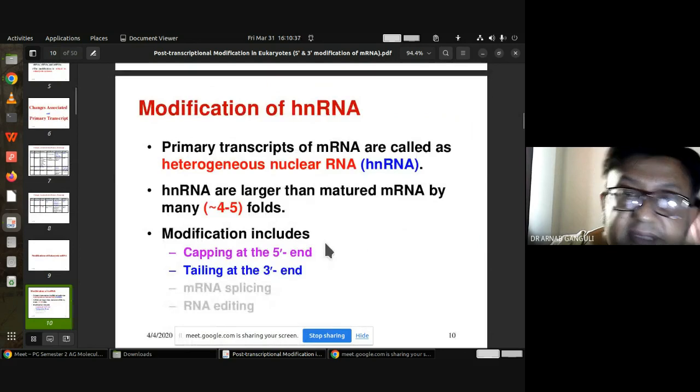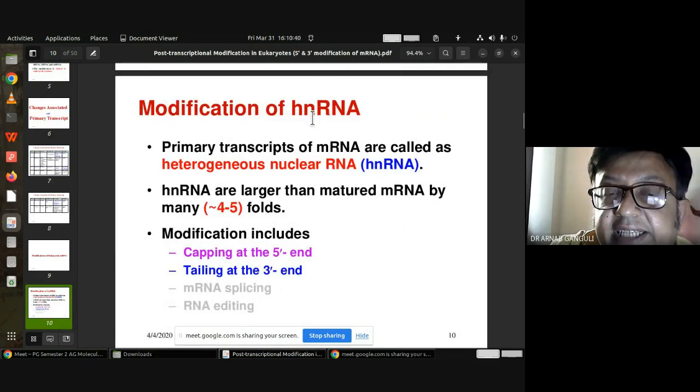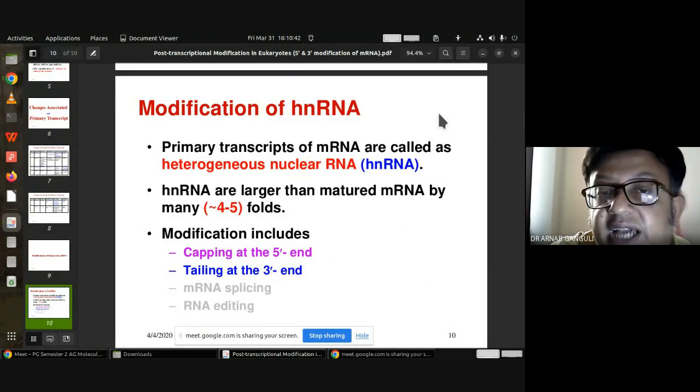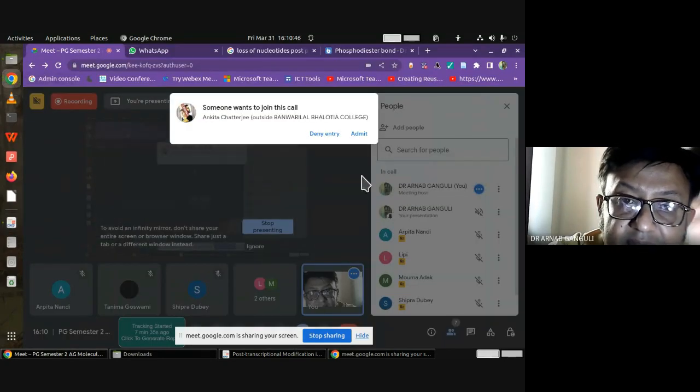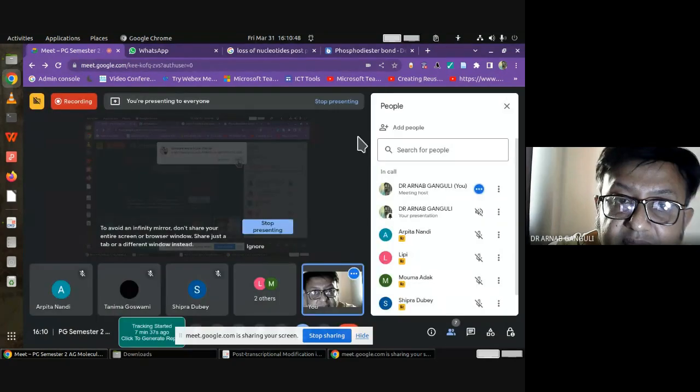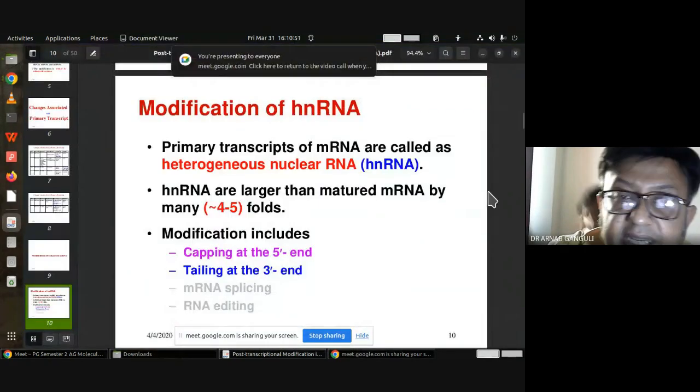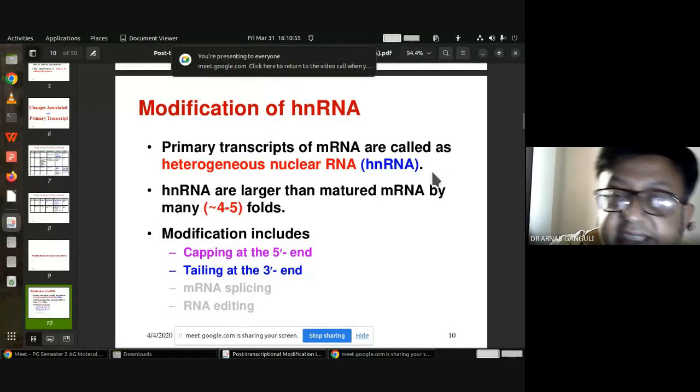What are there? So modification of hnRNA, that is the heterogeneous nuclear RNA or hnRNA.